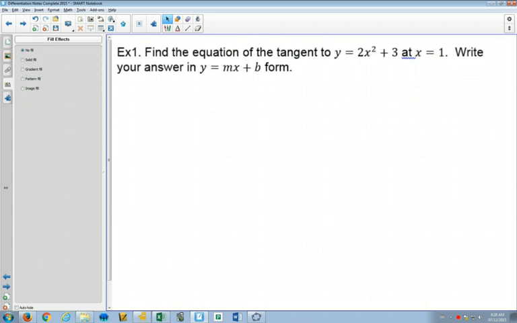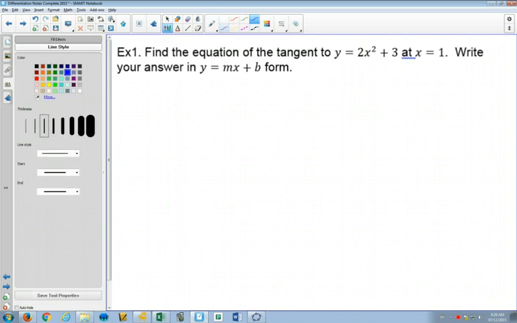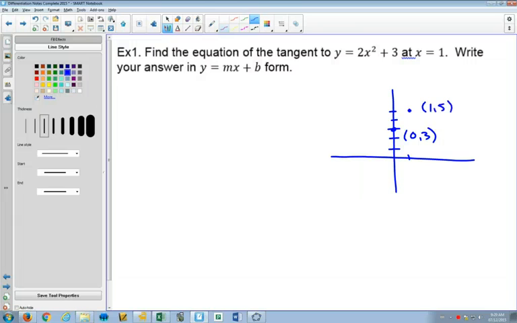So here we go. We've got a parabola, 2x squared plus 3. And we want to find the equation of the tangent line at 1. Graphically, this is an easy one to graph because it's a parabola that's been shifted up 3. We know that our vertex is at 0, 3. Since the a value is 2, you can go over 1, up 2, so you also have the point 1, 5.